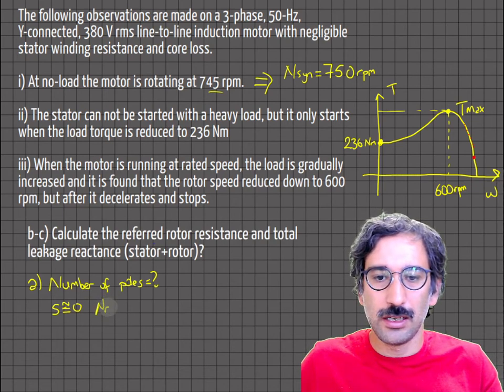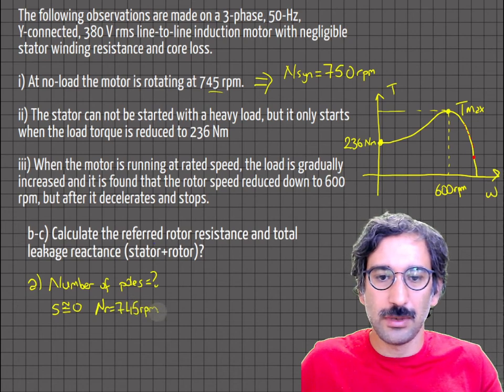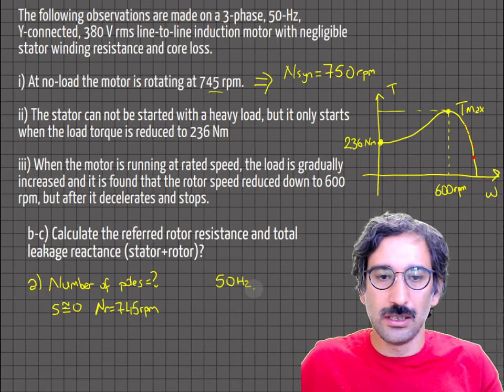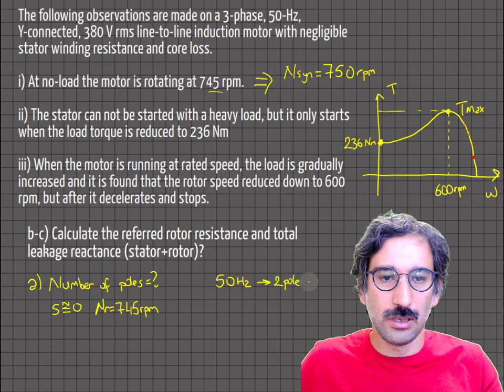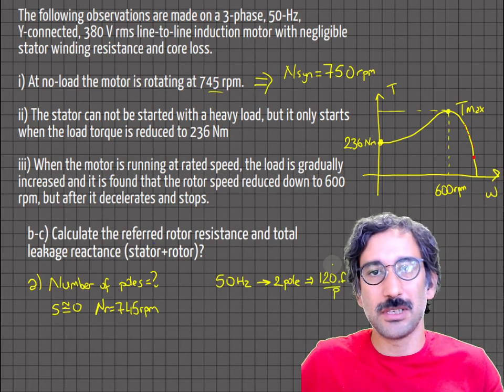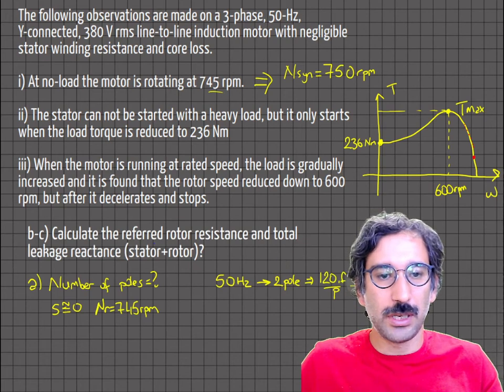So nr is 745 rpm, and this is a 50 Hz machine, as given. Remember the synchronous speed is 120 f divided by P, or 60 times f divided by the pole pairs.